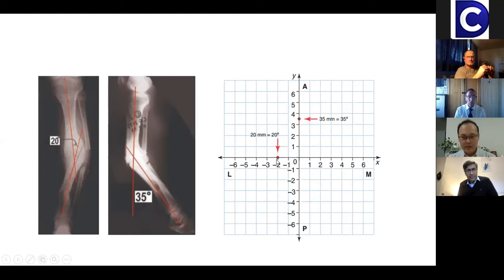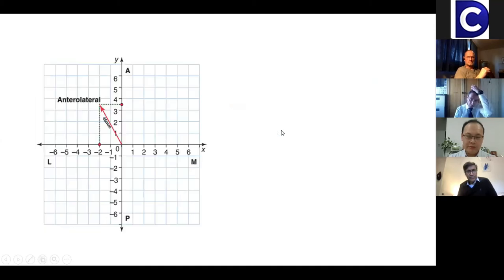We mark here the anterior and the posterior, and the lateral and the medial. So we think of ourselves as the left side, myself, left side. So here is M, here is L, here is the 20 degrees, here is the 35 degrees. So we marked here, and then we draw this line.